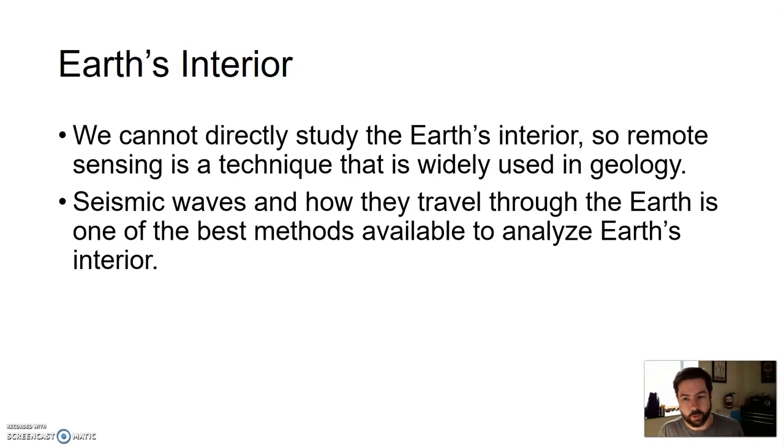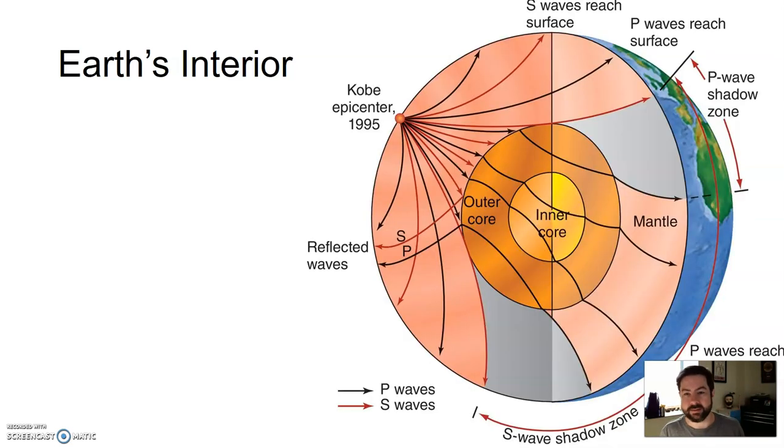So how can that help us figure out what's inside the Earth? For example, in 1995, there was an earthquake in Kobe, Japan. Directly on the other side of the Earth, P waves were detected. However, no S waves were detected. Interesting.